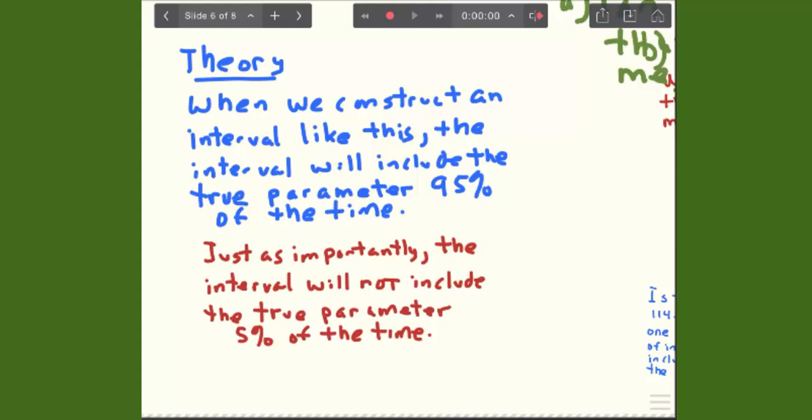Now, once we've constructed the interval, it either includes it or not. Our 95 and 5% are statements about a collection of intervals if we were to construct intervals many, many times. Of course, we've only done one. What we know is that 95% of the time we follow this process, we'll end up with an interval that includes the population mean. But we also know 5% of the time we won't.